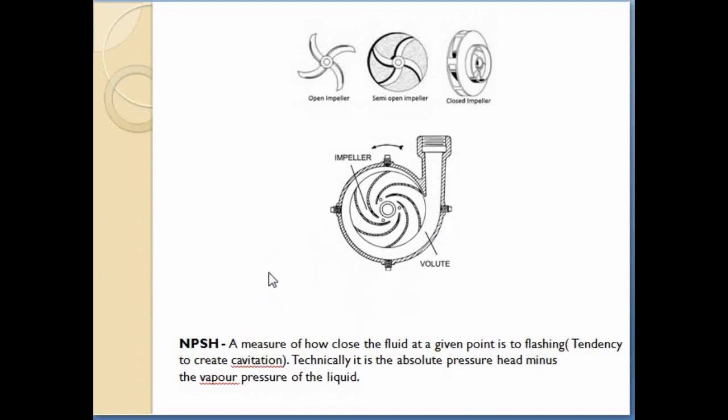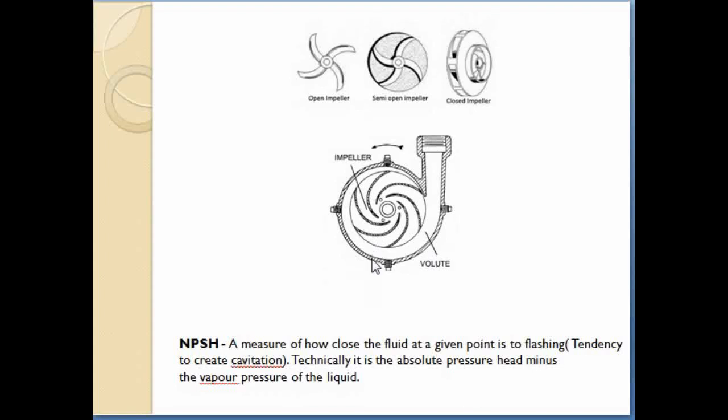Another important aspect of this centrifugal pump is net positive suction head. It's a measure of how close the fluid at a given point is to flashing, or we can say its tendency to create cavitation. Technically, equation wise, we can say it's the absolute pressure head minus the vapor pressure of the liquid. In the previous slide, you have seen that if the pressure at the vacuum side or low pressure side goes below the vapor pressure of the liquid, the water starts boiling and thereby it starts bubbling.